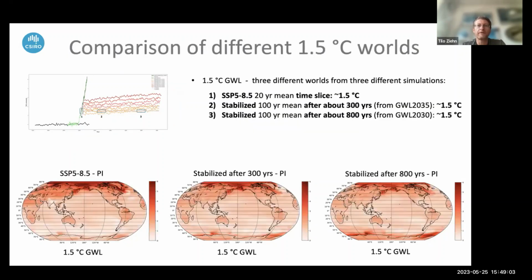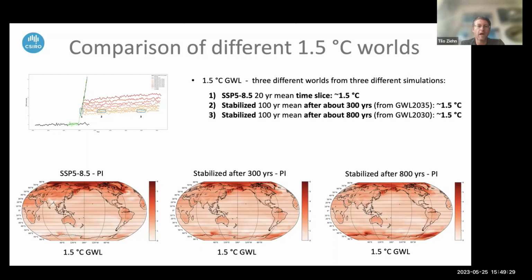So in the previous slide, we looked at a trend or change in temperature for a single stabilization simulation, but we can also compare the climate at the same global warming level from different simulations. So here we are looking at 3 different worlds derived from 3 different simulations, but they all have the same global warming level of 1.5 degrees.